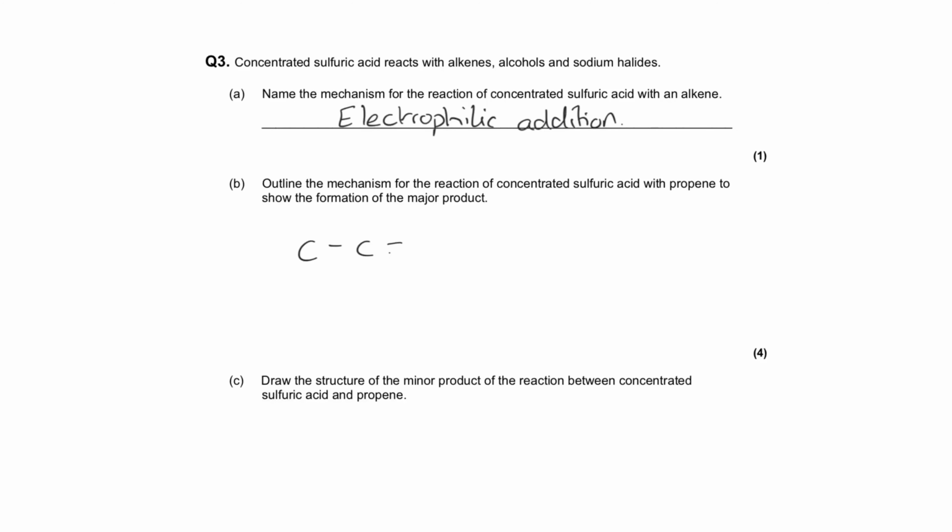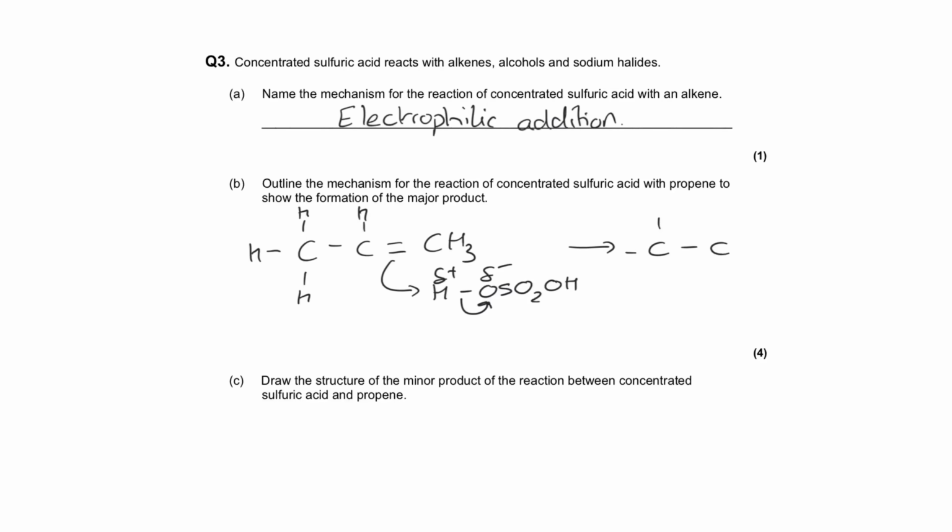Outline the mechanism for the reaction of concentrated sulfuric acid with propene to show the formation of the major product. Well, this actually is exactly the one that we just looked at. We need to show the double bond going to the H and the O, so to OH. We need the partial positive and the partial negative, and then we need the bond breaking. It's going to form the secondary carbocation because that is more stable than the primary one.